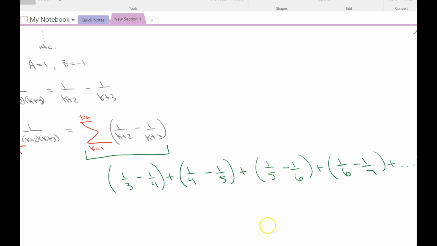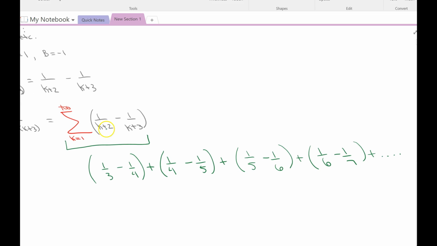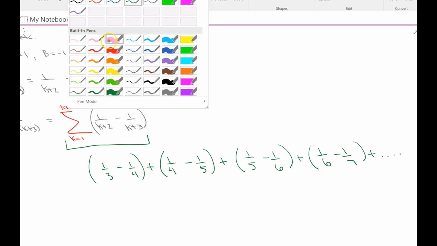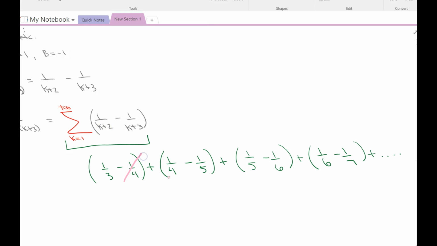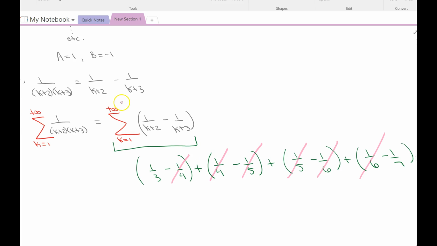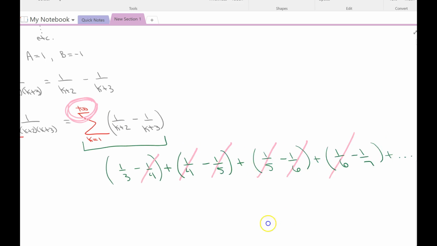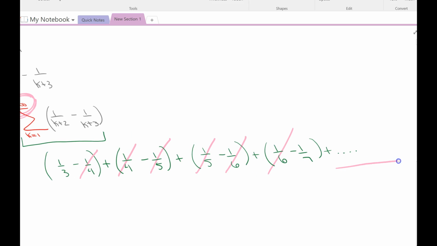If I write out the terms in this re-expressed summand, do you see what happens? -1/4, +1/4, -1/5, +1/5, -1/6, +1/6. Now, how many terms are we adding up, everyone? Infinite. That means this will forever and ever go on, right?